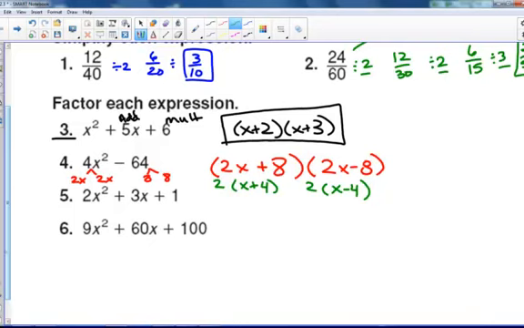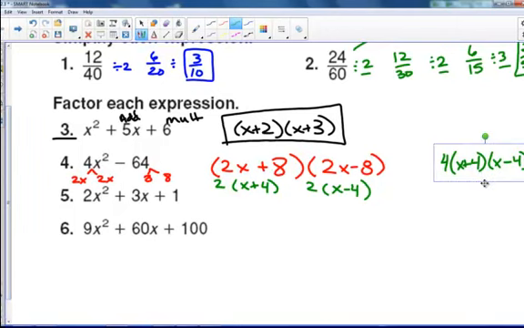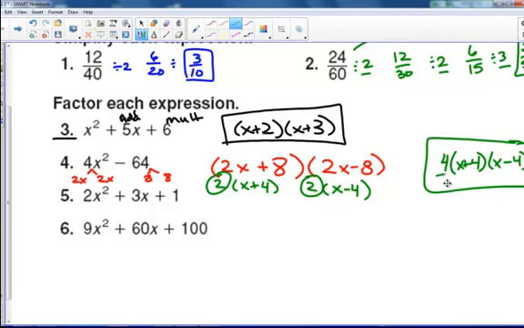So I should write this as 4 times x plus 4 times x minus 4. That's my most simplified factoring, because these 2 2's, 2 times 2 is 4, and then x plus 4, x minus 4.